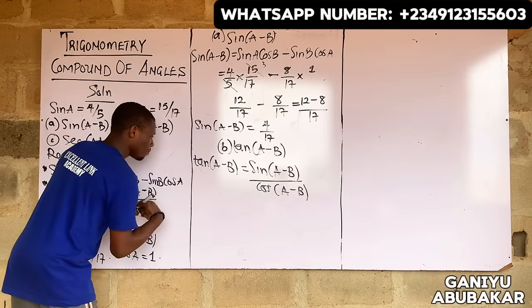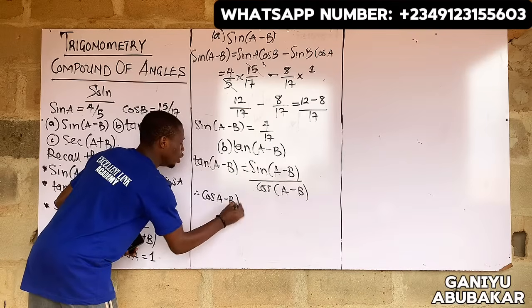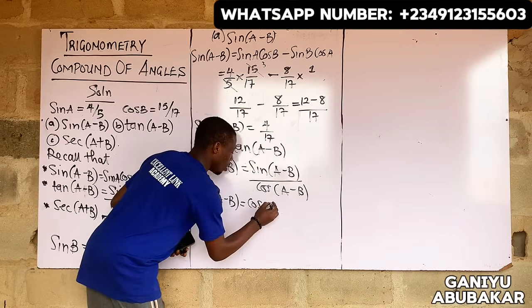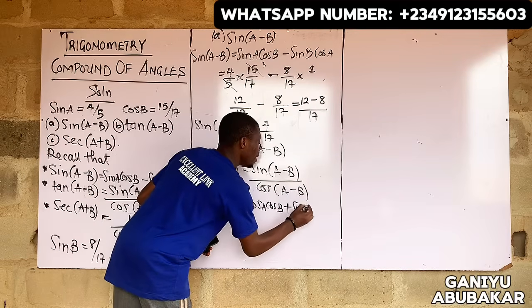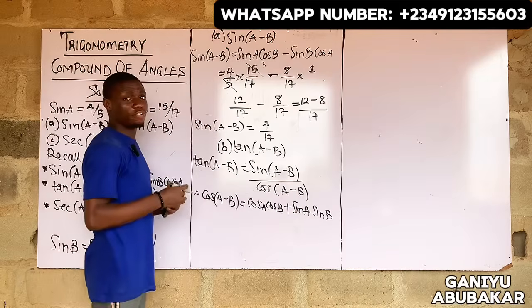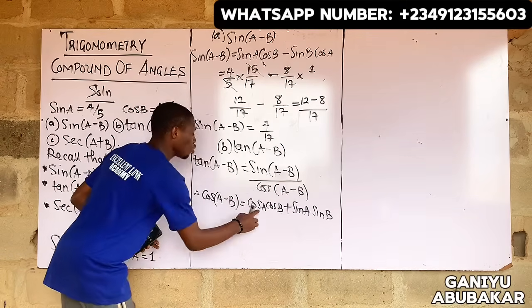Cos A minus B is cos A cos B plus sine A sine B. Please know these expressions I gave you in the last class, and know how they work. What's cos A?